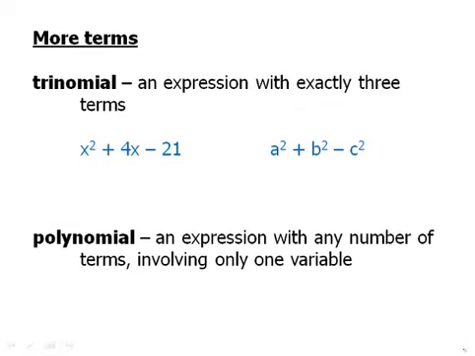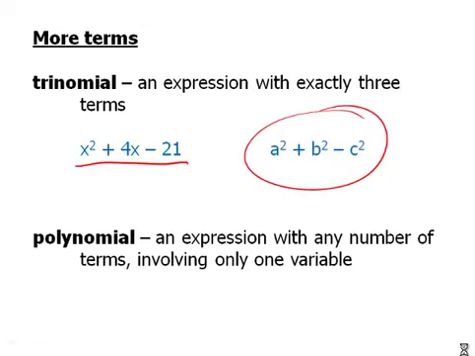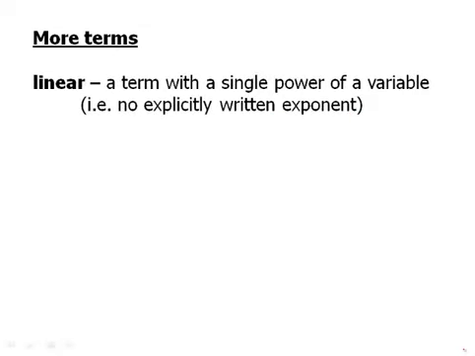A polynomial is an expression with any number of terms involving only one variable. So, for example, this one here is a polynomial because the only variable is x. This one involves more than one variable. So technically, that's not a polynomial. A linear term is a term with a single power of a variable.